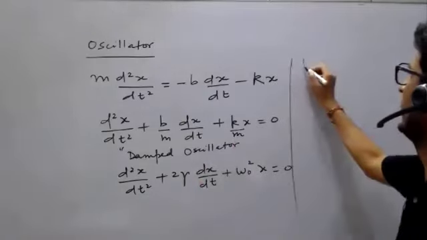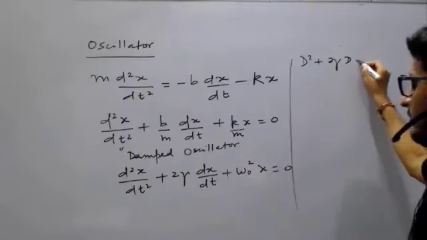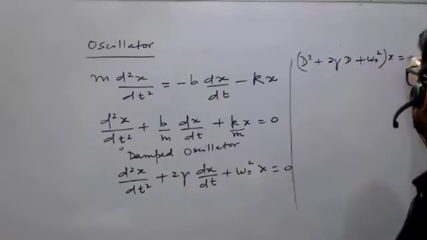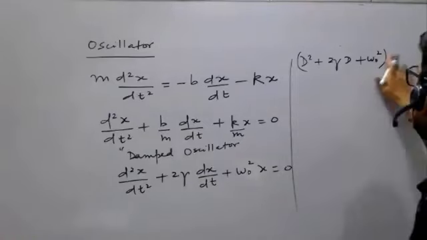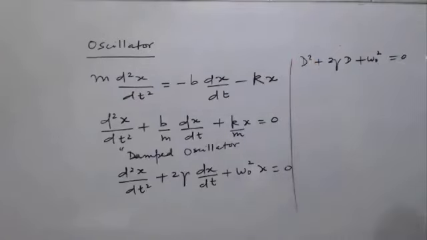It will become (D² plus 2 gamma D plus omega naught square) x is equal to 0. You will put this equal to 0 for the solution of the differential equation.